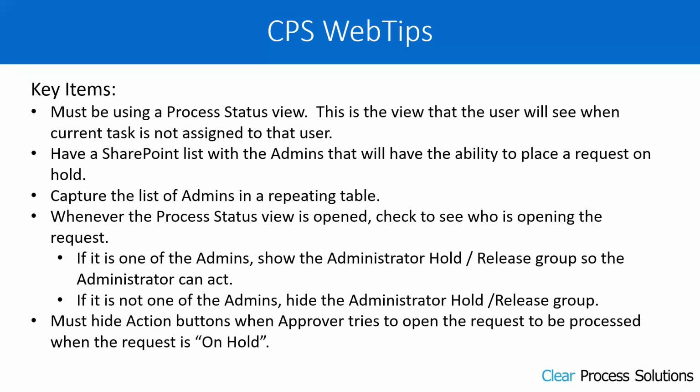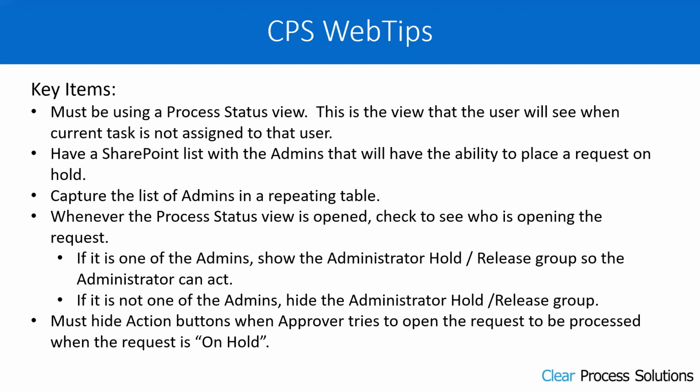We'll bounce that current user control against our admin list to see if the person that's viewing the status view is one of our admins. If it is, then we will show this administration hold and release group so that administrator can take action. If it is not one of the administrators, then we won't even show the hold and release group to that user.